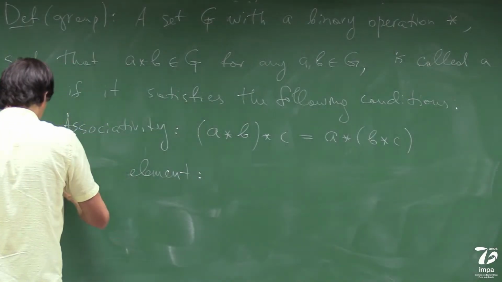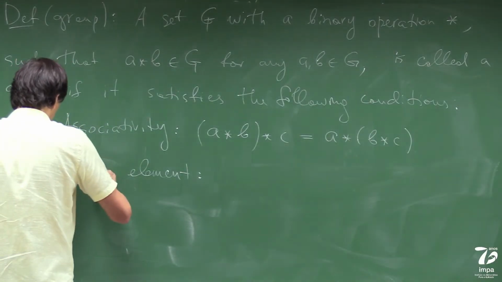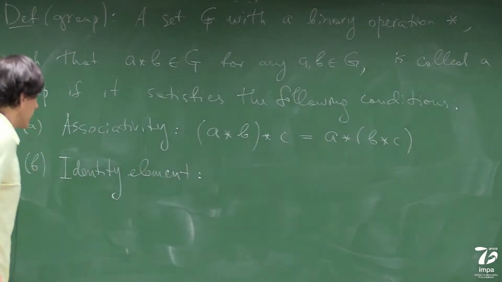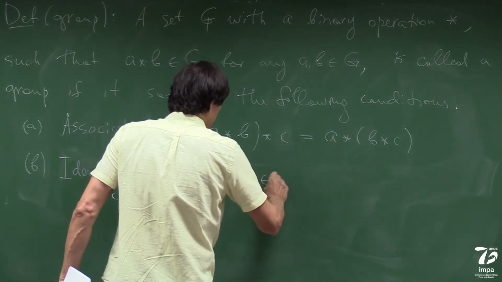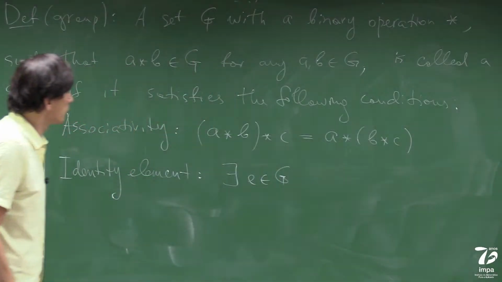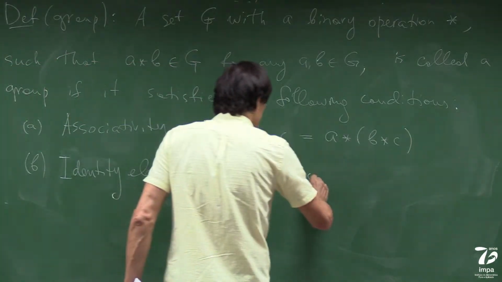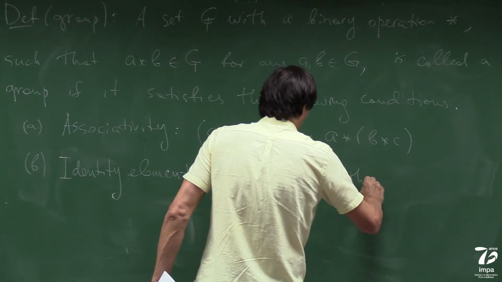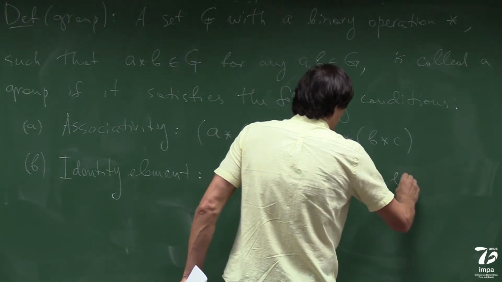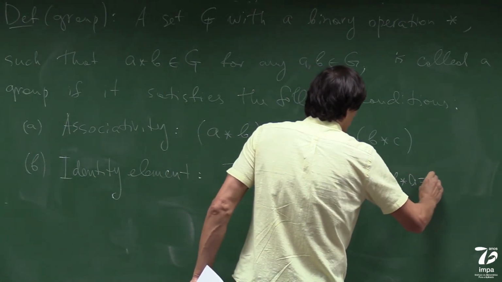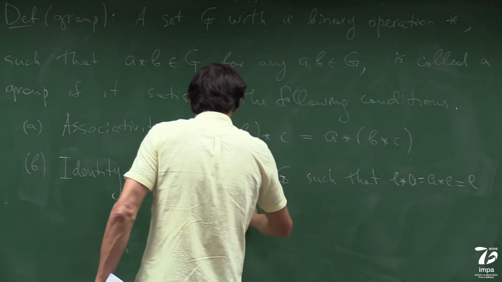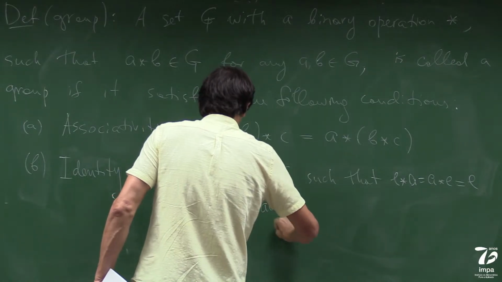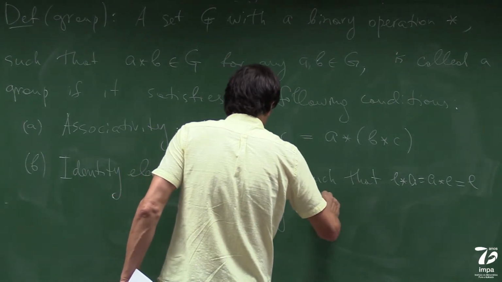So there exists an element E, which we call the identity of the group, such that E times A equals A times E equals A for any element.